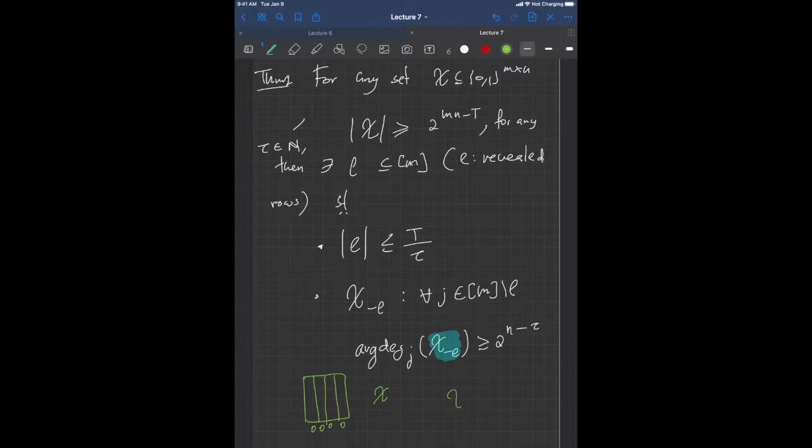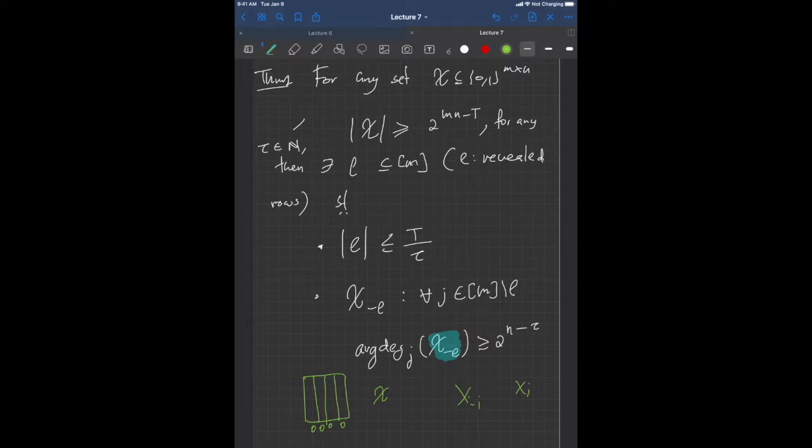For any i, if you look at x minus i, that gives you a matrix with the ith row missing, and the degree of this particular x minus i to x_i is just 1.